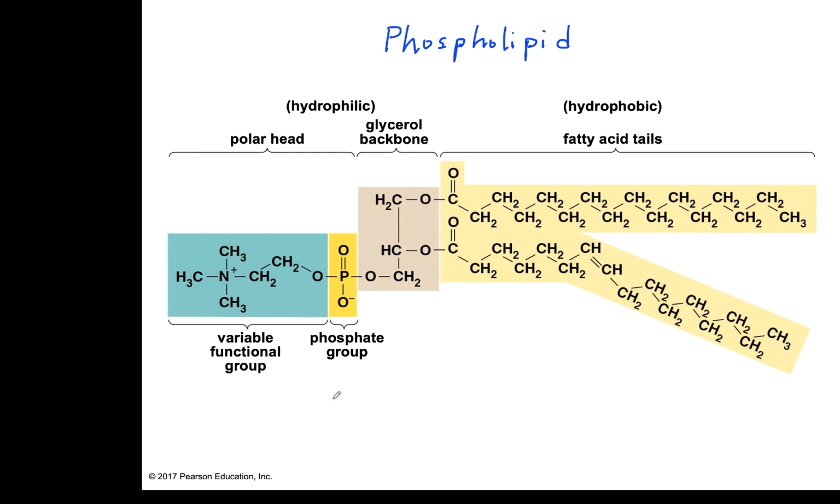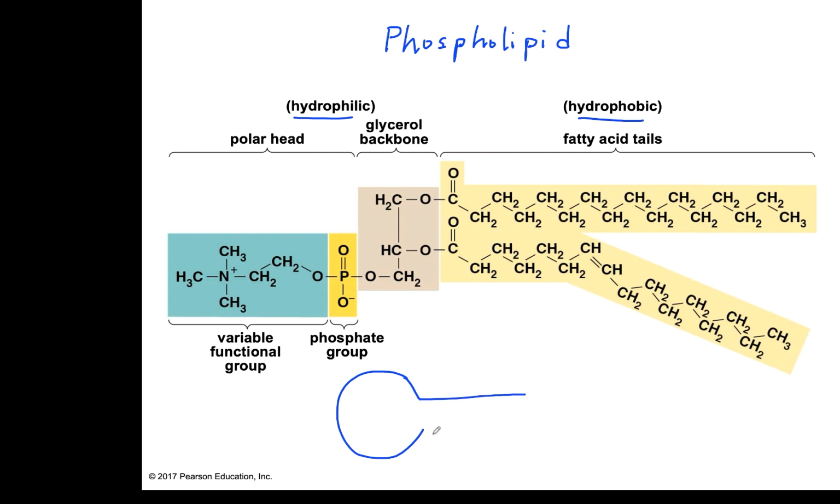This phosphate group binding region has polar property, hydrophilic property. This fatty acid region shows hydrophobic property. Therefore, we can just symbolize the head region, hydrophilic, and the tail region.